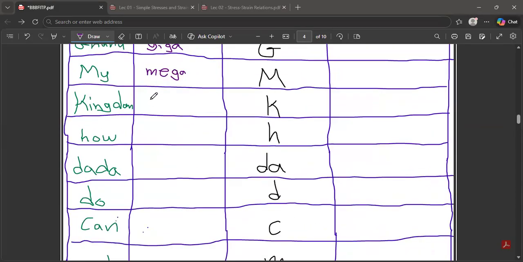Followed by kilo, the one we normally see. So this is the kilo. And then this is our hecto. Once you see the h, you know that that is your hecto.